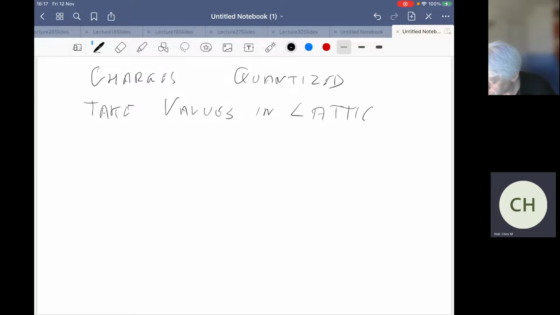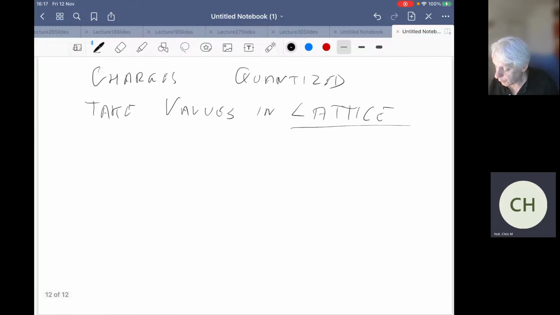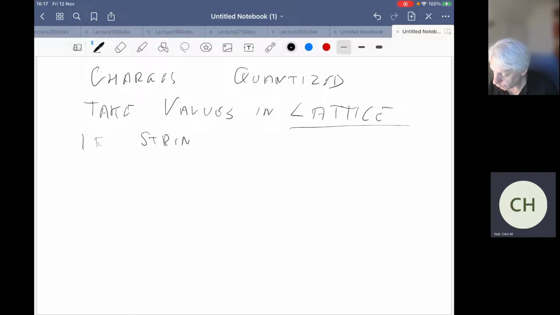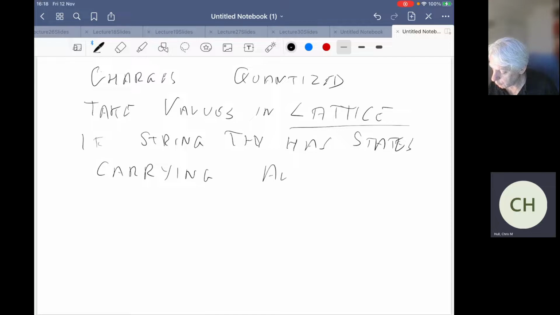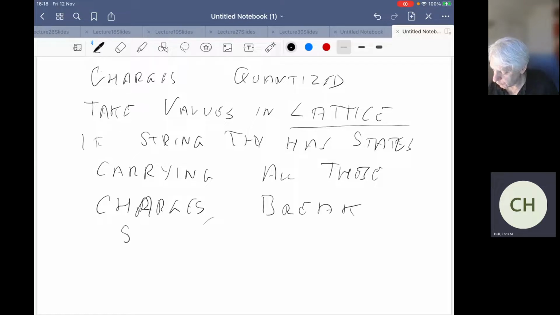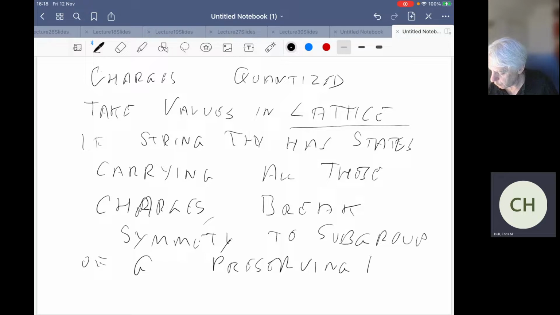In a lattice, and if the string theory has states carrying all these charges, then this will break the duality, the symmetry, down to the subgroup of G preserving that lattice.